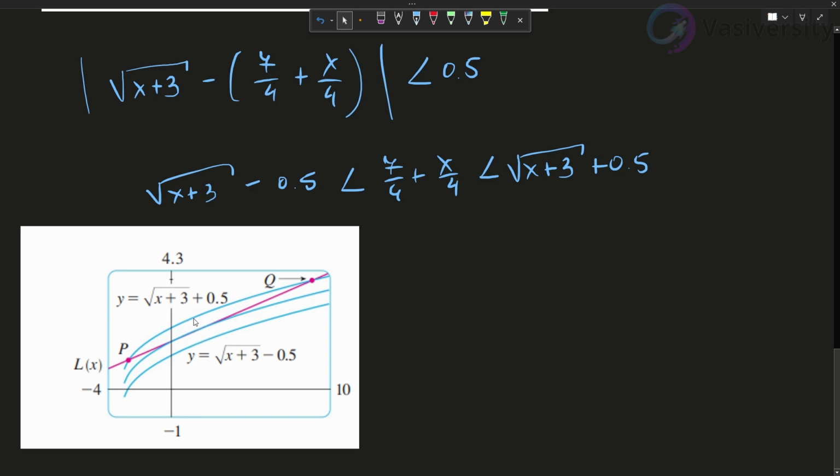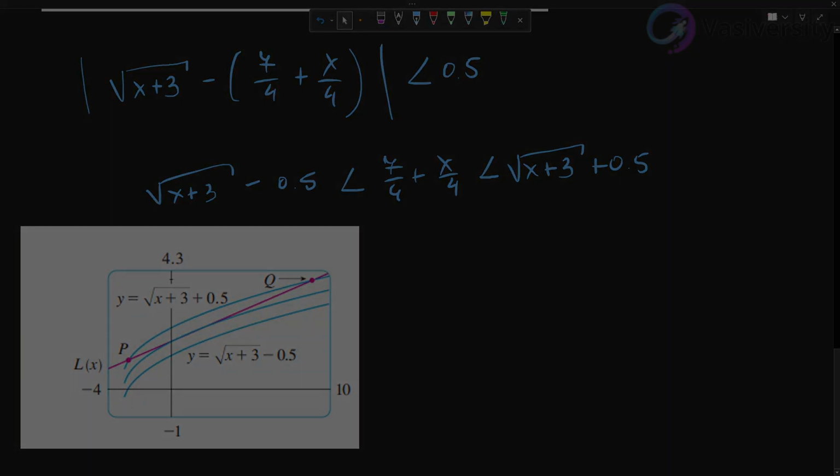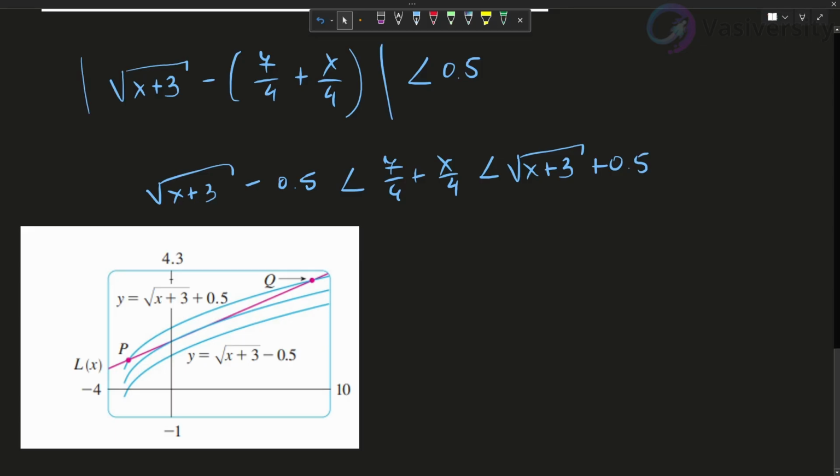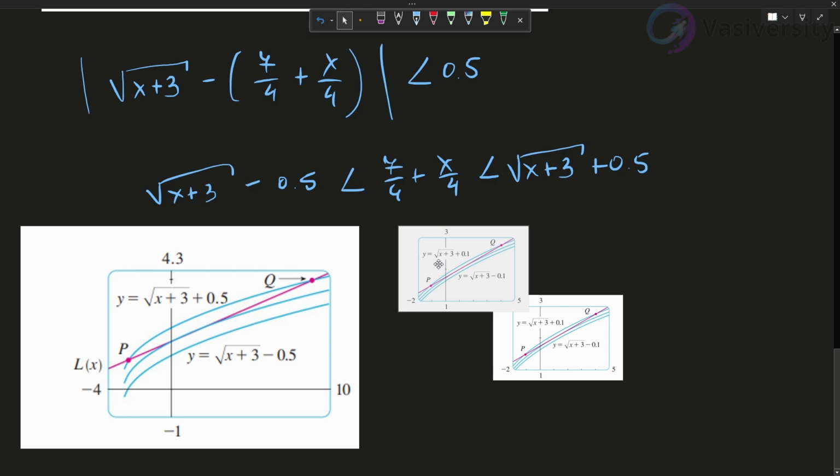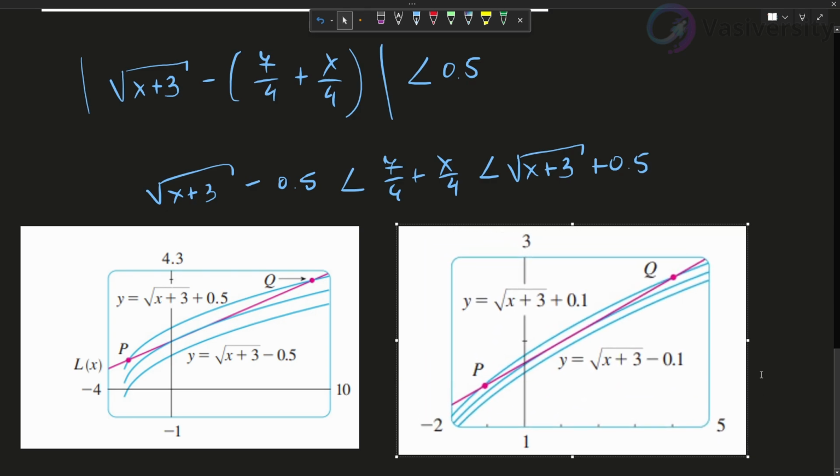This is our accuracy. This is our actual curve right in the middle, and this is our gap of accuracy. And as we decrease the gap, we're going to have smaller and smaller ranges of points that we can obtain within that accurate range. So the distance has decreased, so the points P and Q now became closer to the actual point.